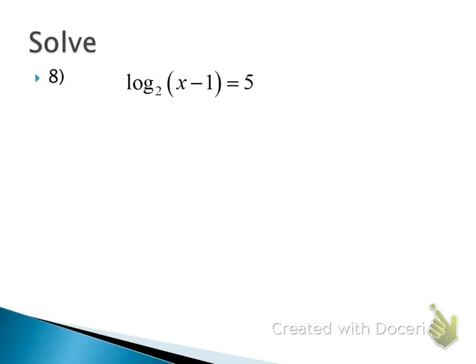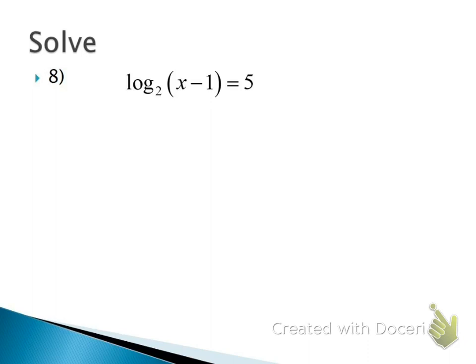So, now, this one, I can't drop logs like it's hot because I don't have a log of a base equal to a log of a base. I can't solve it in log form. So what should I do, Shayla? If I can't solve it in log form, I should rewrite it in exponential form.